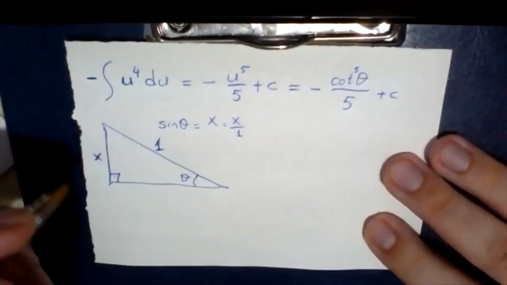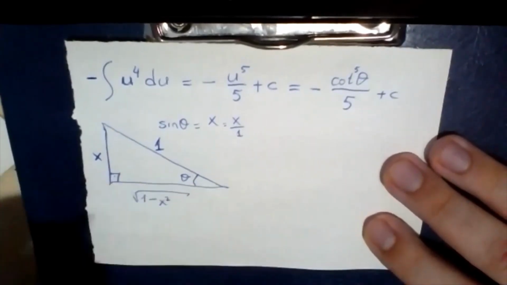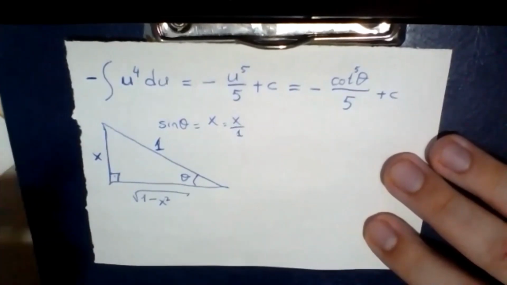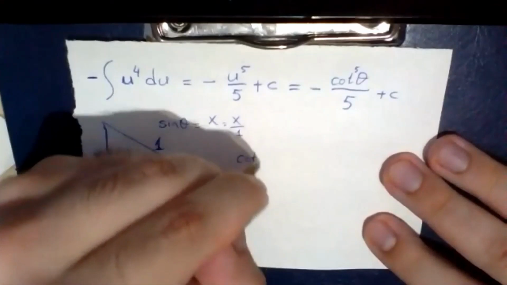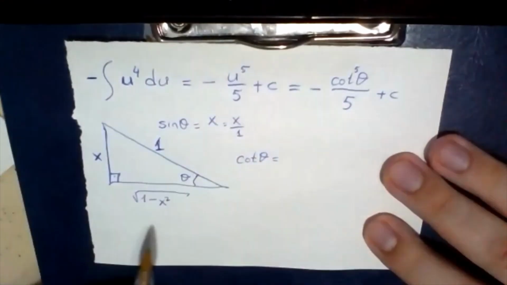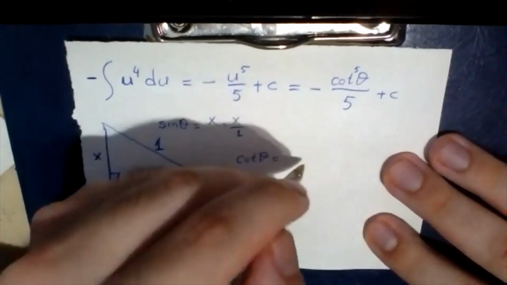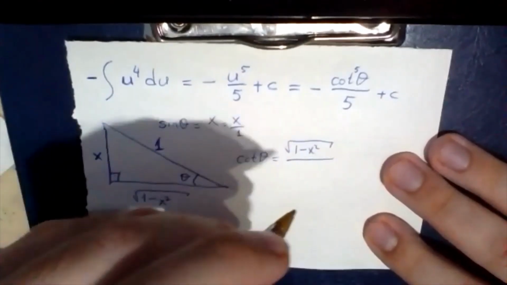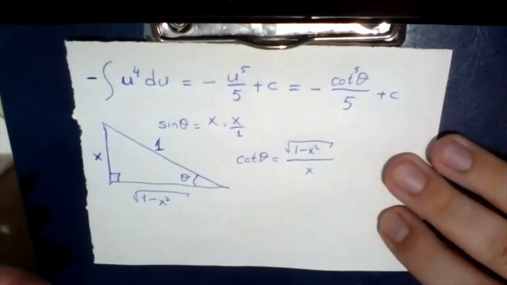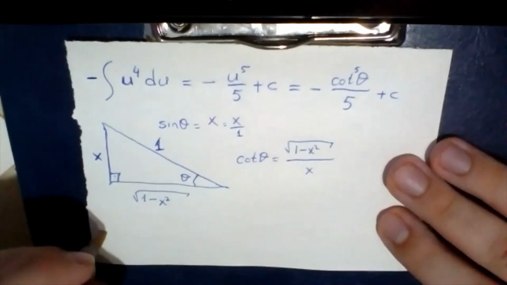And from the Pythagorean theorem, this length should be square root of 1 minus x squared. Which information do we need? We need cotangent theta. Cotangent theta is the length of this side over the length of this side, which is square root of 1 minus x squared over x.